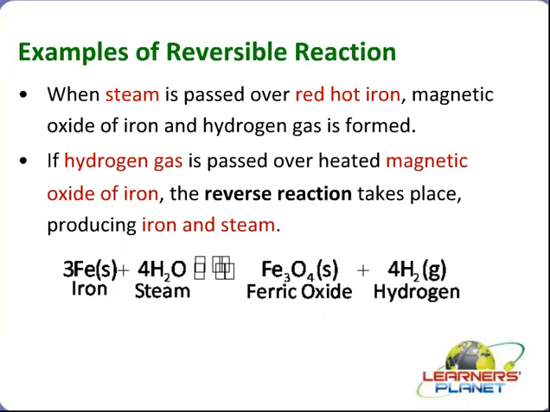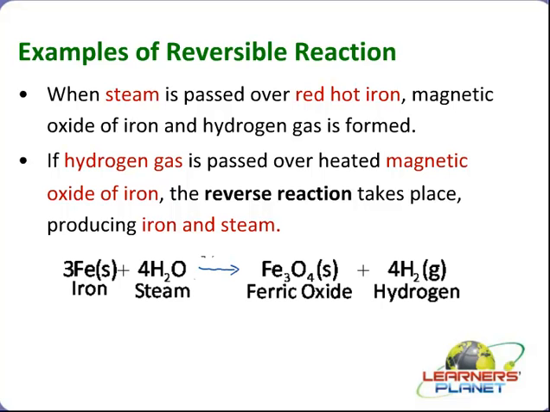Another example of a reversible reaction: when steam is passed over red hot iron, magnetic oxide of iron is formed and hydrogen gas is formed. That is iron, this is steam, and something is wrong here; we have to put a double arrow like this. It is reacting with steam, forming ferric oxide and hydrogen.